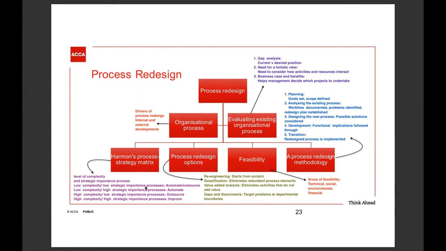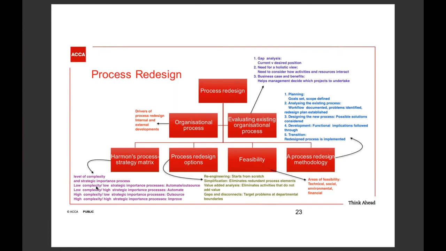What does it mean by strategic importance? Any processes that relate to your core business and that relate to your customers are of strategic importance. Why do I say that? Because your customers are your source of revenue. So anything related to that will be the strategic importance process.